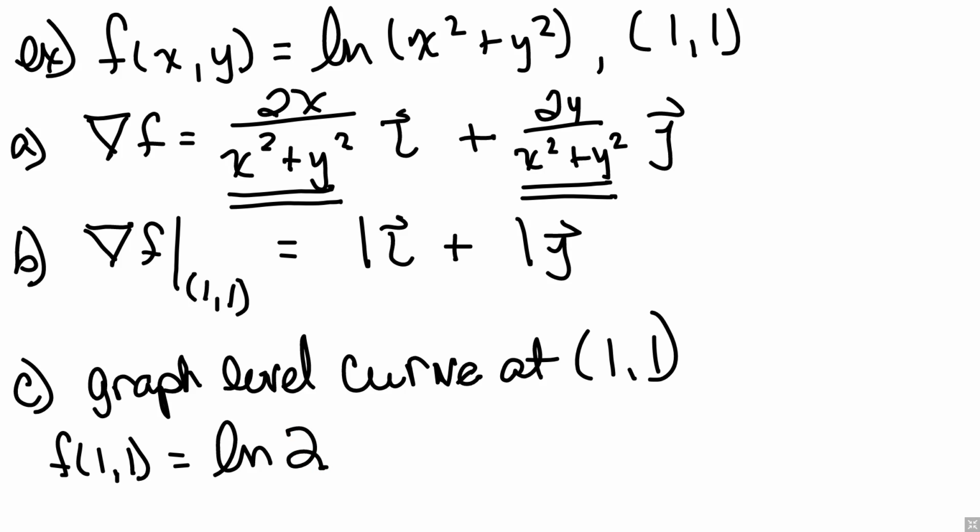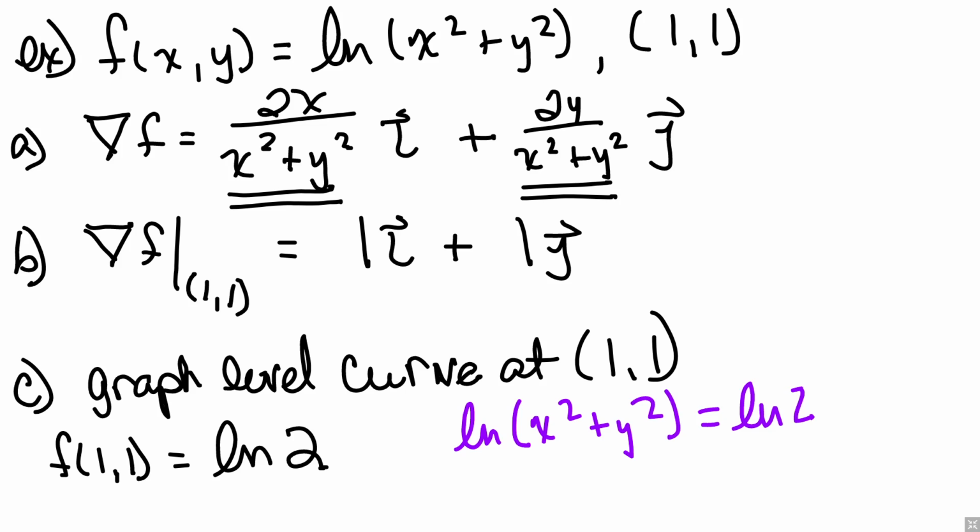So our equation for the level curve is going to be the natural log of x squared plus y squared is equal to the natural log of 2. But really, what does this simplify down to?